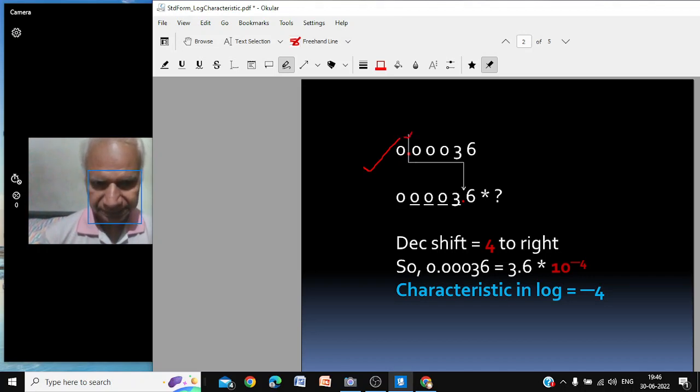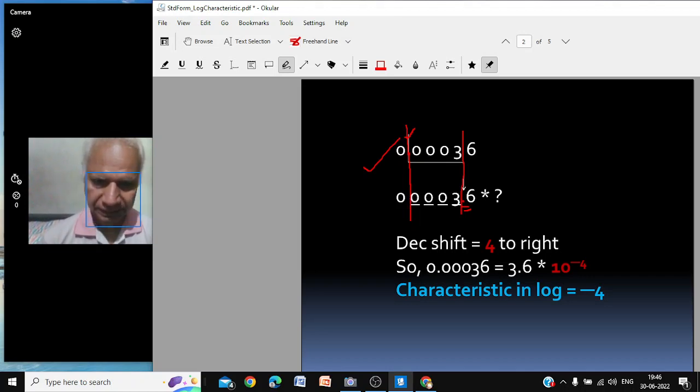Instead of putting the decimal point here, we have put it here where we want it. This is the original decimal place and this is the final decimal place, after 3. So see how many digits are there in between. You find that there are 4 digits.